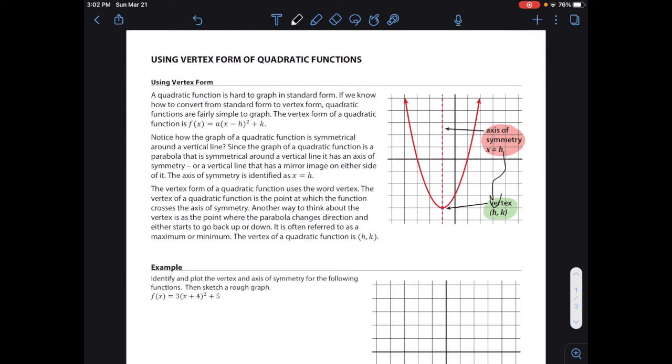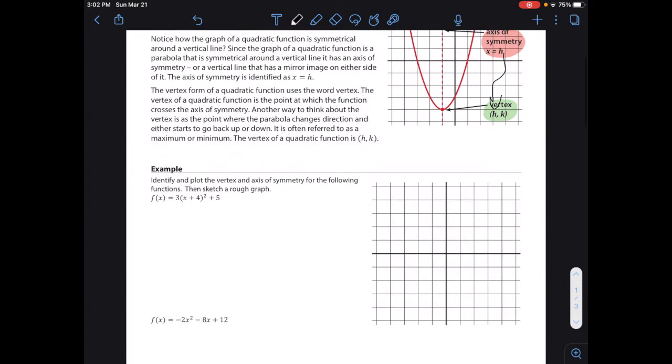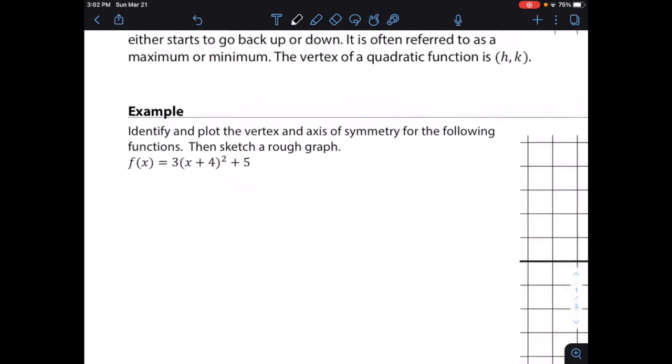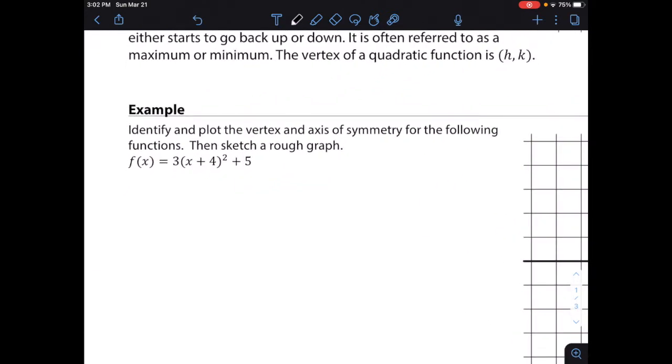All right, and so when we have a quadratic function that is in vertex form, it's pretty easy. All we have to do is be able to identify h and k. And the only tricky part is, remember, inside that binomial, the h is always the opposite of the number that's inside the binomial. So in this case, let's identify them all. A is 3. H is the opposite of 4, so it's -4.